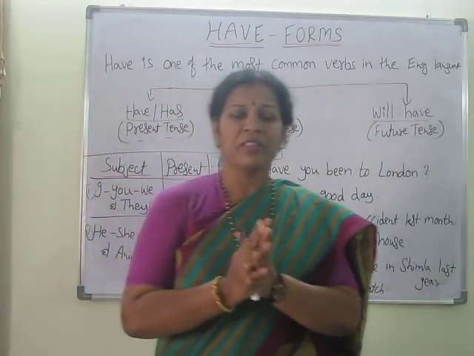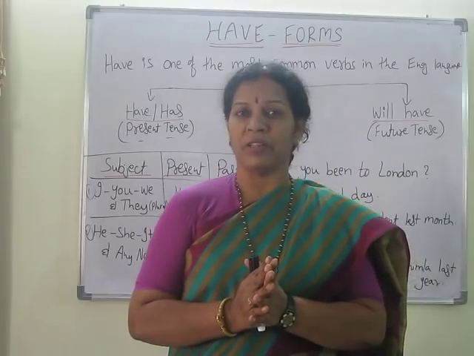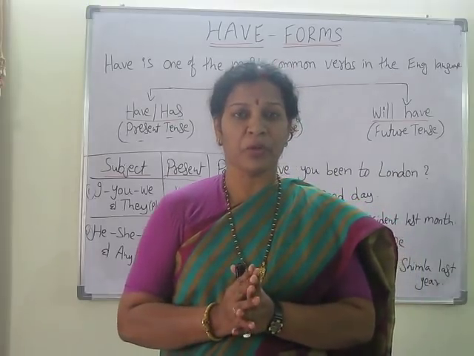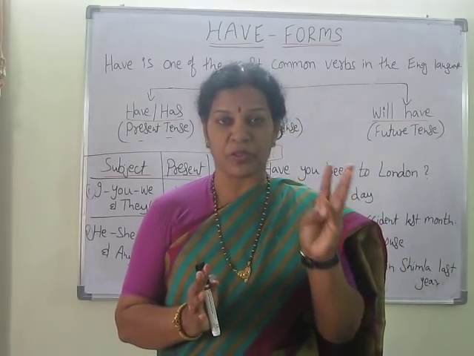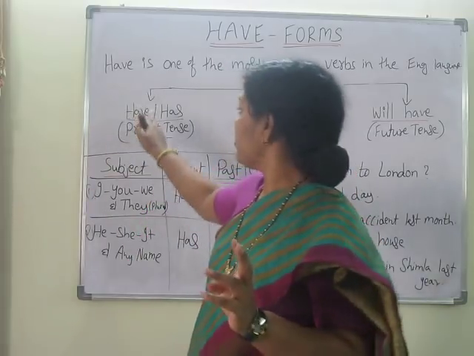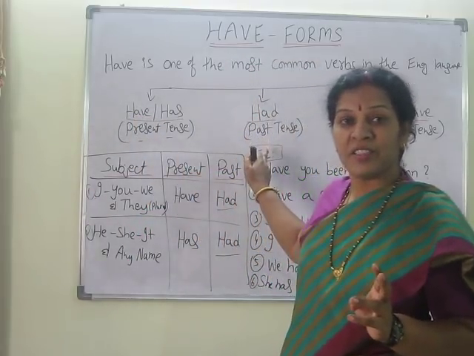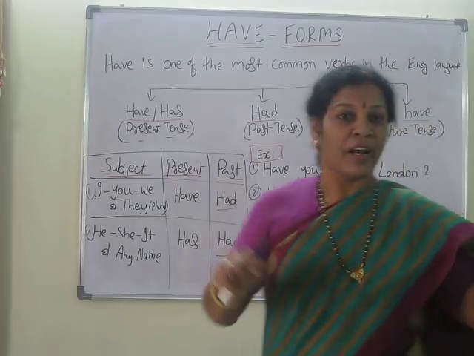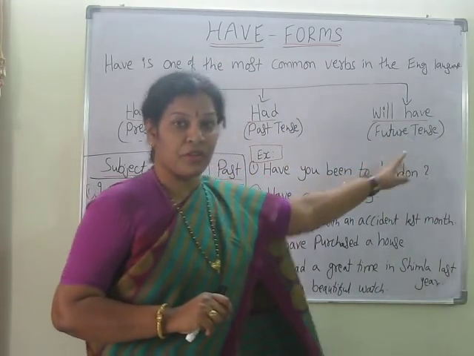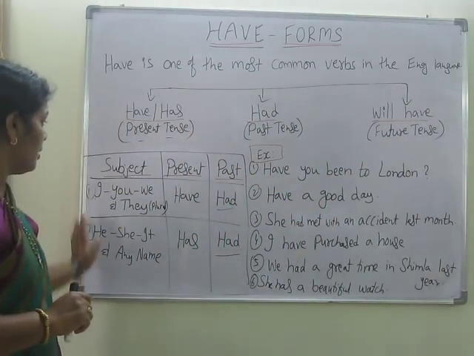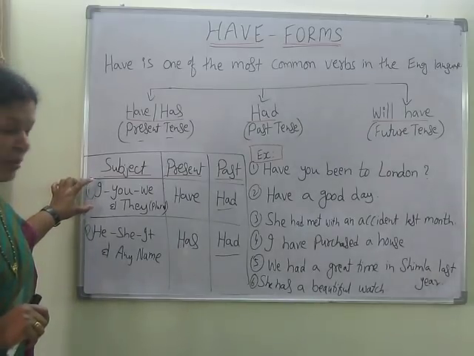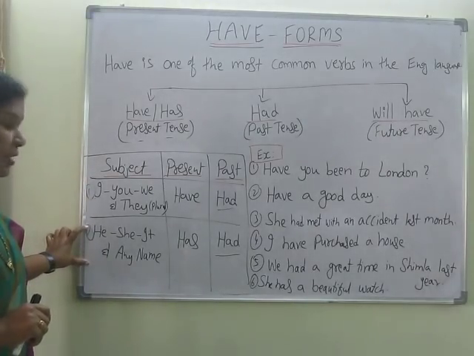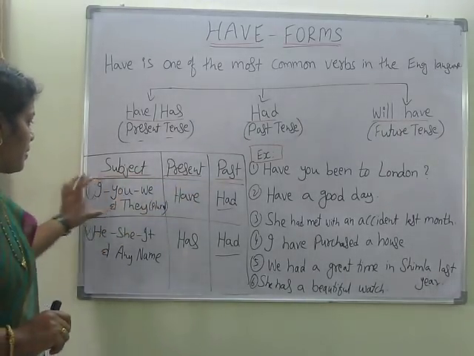A simple thing, let me remind you once again. Have forms are quite easy. Have, has, that is present. Had is past tense. And will have is future. And remember this table: subject, first category of subject, second category of subject. Present tense, past tense.